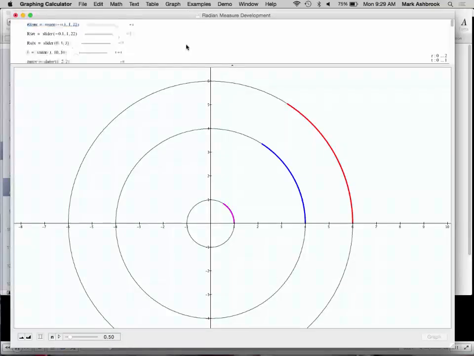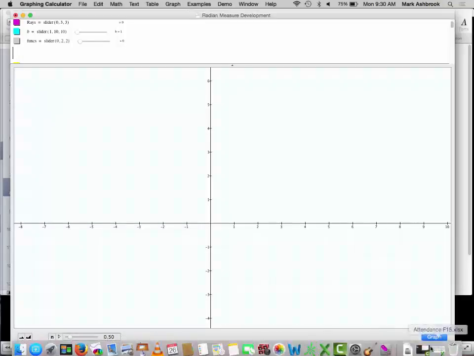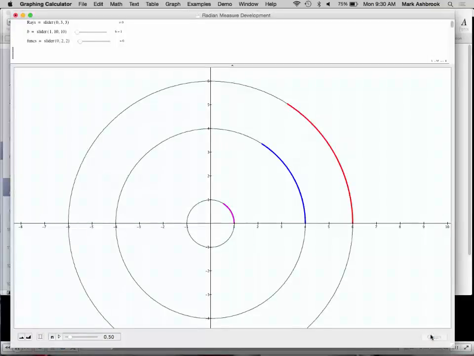Okay, so what do we think for different? What is different about those 3 arcs?